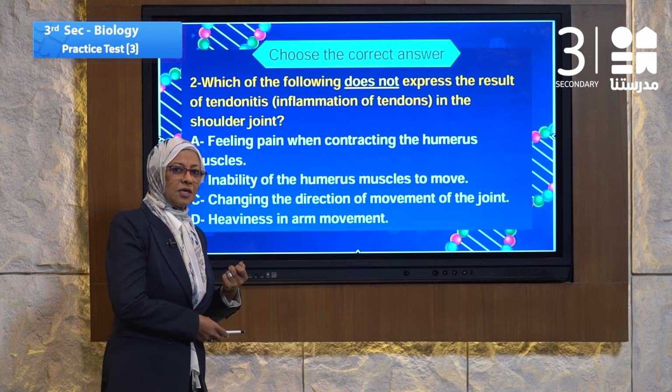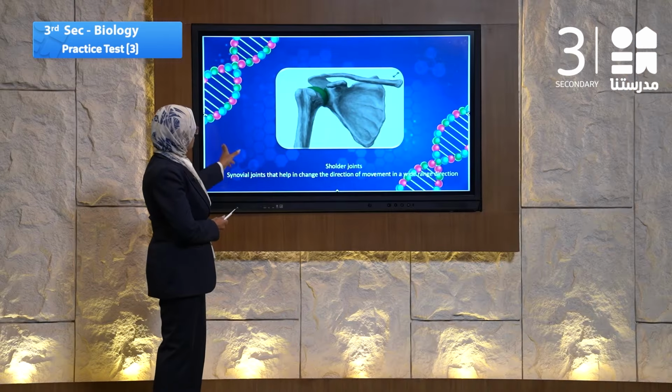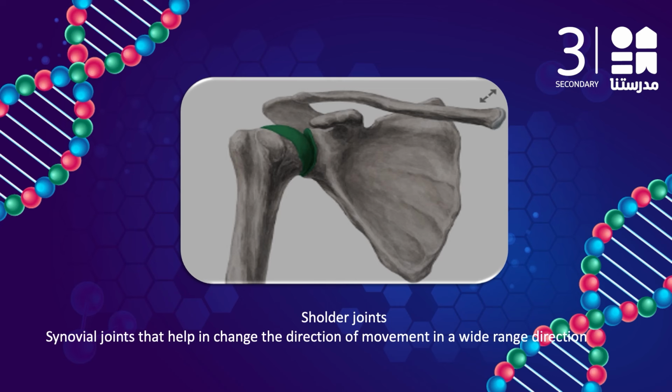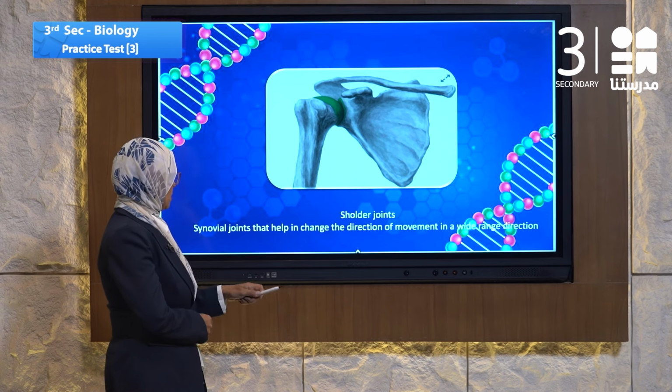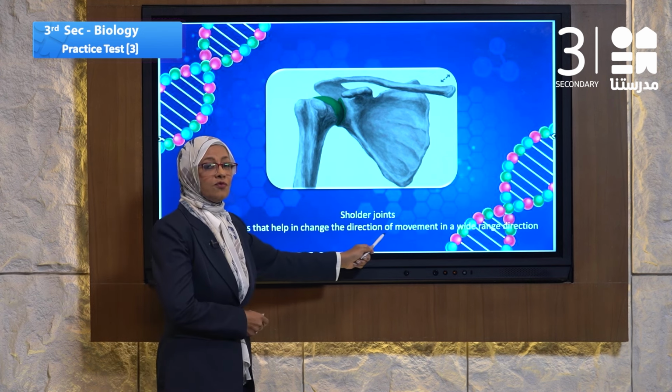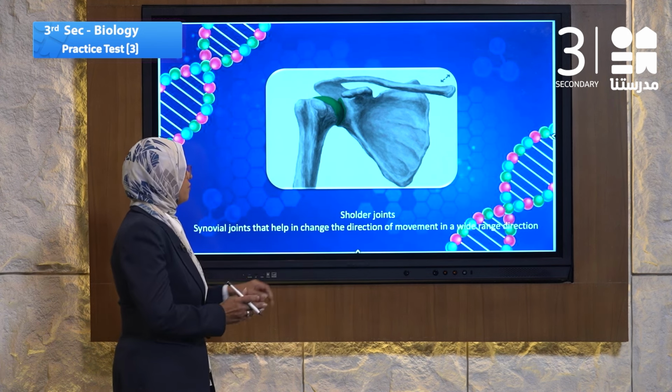Heavy parts, yes. Let's see what the shoulder joints are. The shoulder joints are synovial joints that help in changing the direction of movement in a wide range. So the joints help in changing the direction of movement.